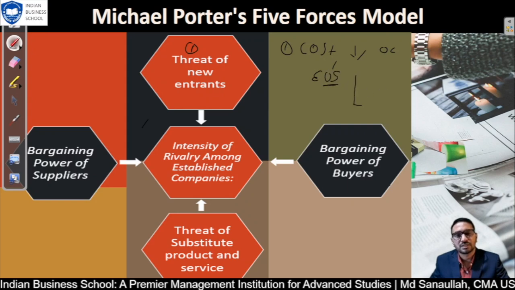This is a simple example. Every company has some fixed asset. Suppose your company has 100 million as a fixed asset and they make a product of 100 million. So 100 million is the product they are making and 100 million is their fixed cost. So fixed cost per product is $1, or rupees, whatever you can consider.